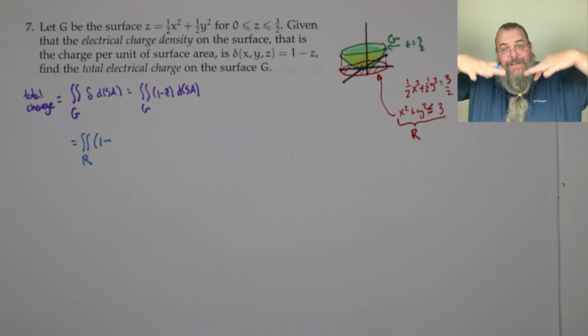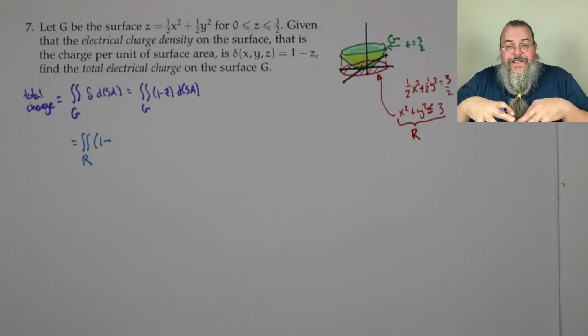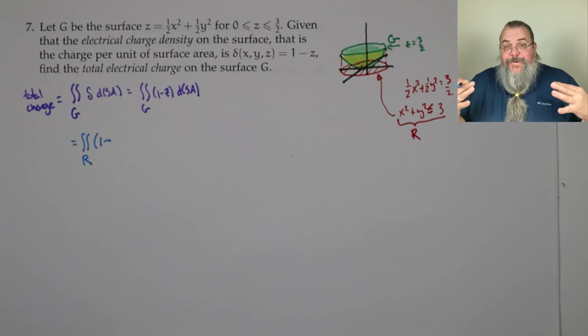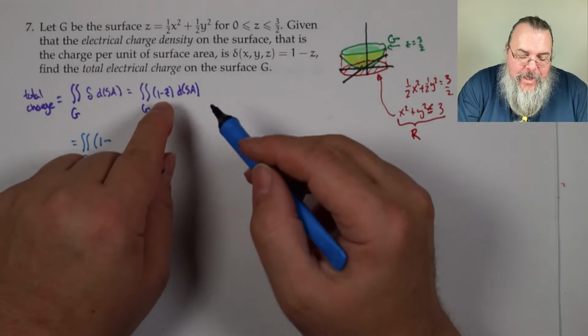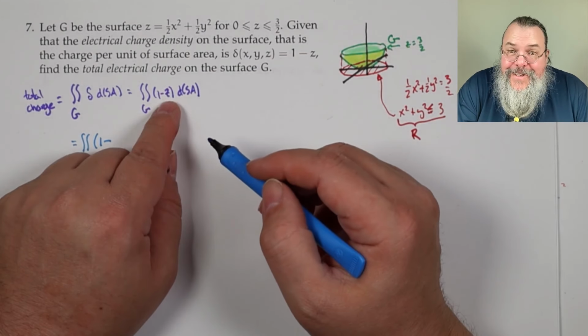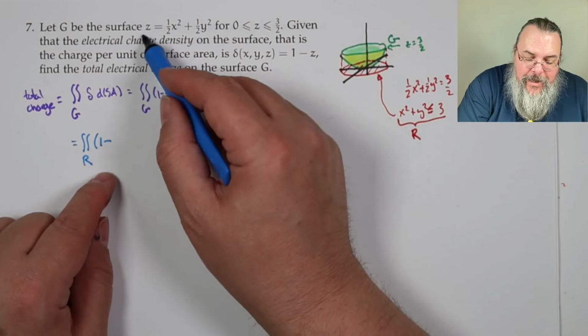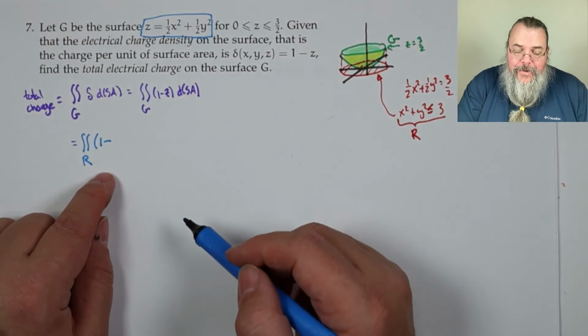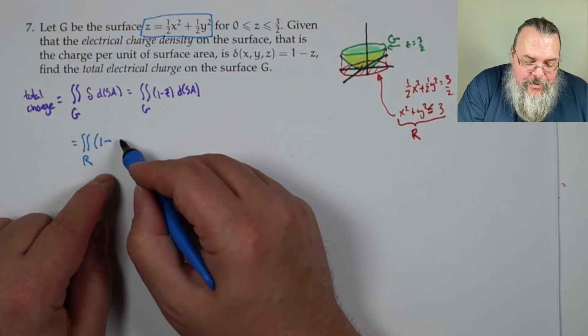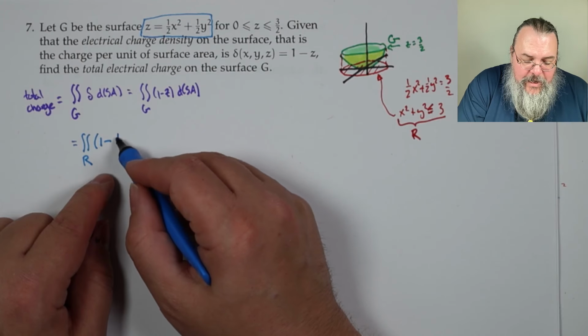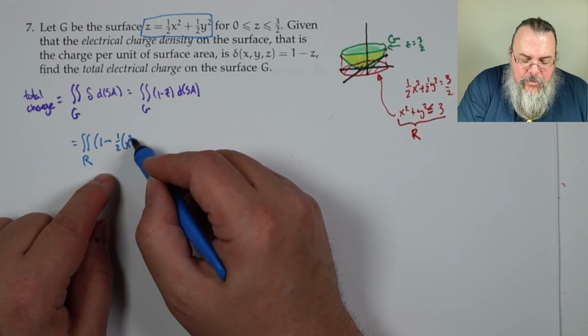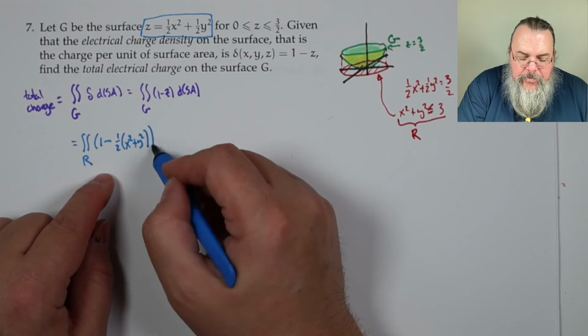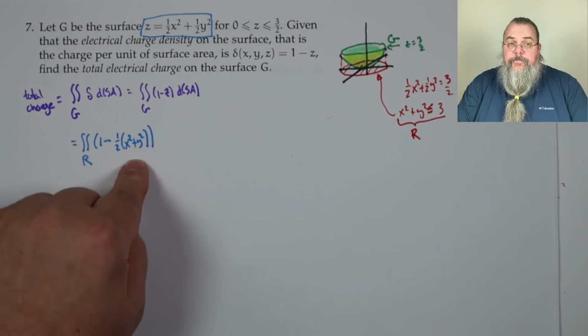Now, we want to get down to the xy plane, so we can't have z's left. We know something about z: it's a half x squared plus a half y squared. So it's going to become 1 minus, and I'll go ahead and factor out a half, x squared plus y squared. Okay, so that's 1 minus z.